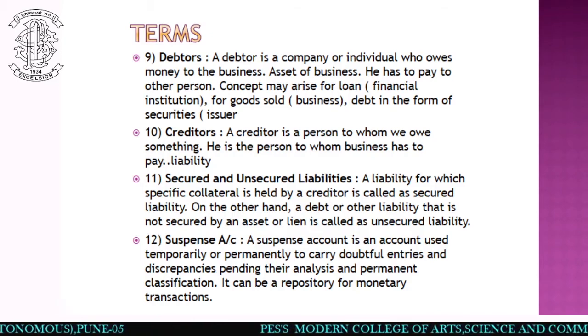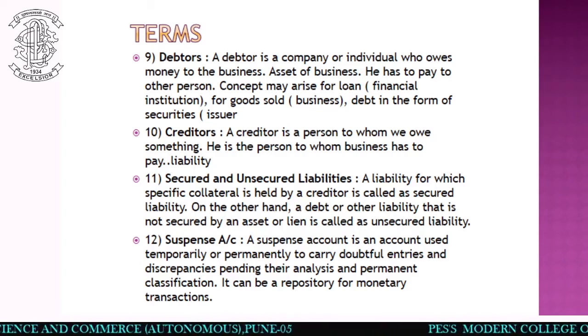And later on find out, later on decide. So temporarily the amount is transferred to a particular account, and that account we call a suspense account. So he is keeping it in suspense. Later on the accountant will find out and rectify, will make changes, and that suspense account will get cancelled.